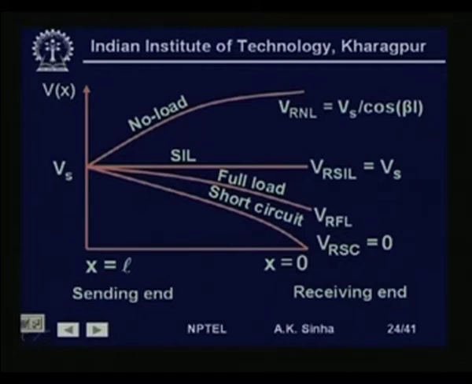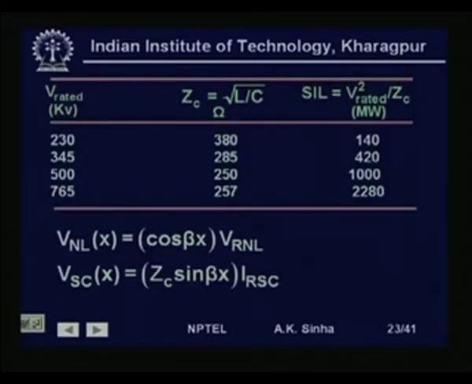Similarly, if we do a short circuit of the transmission line at the receiving end, then the receiving end voltage is going to be 0 and the sending end voltage being 1 per unit, we will get the short circuit voltage at any point x equal to Z c sin beta x into I r short circuit.